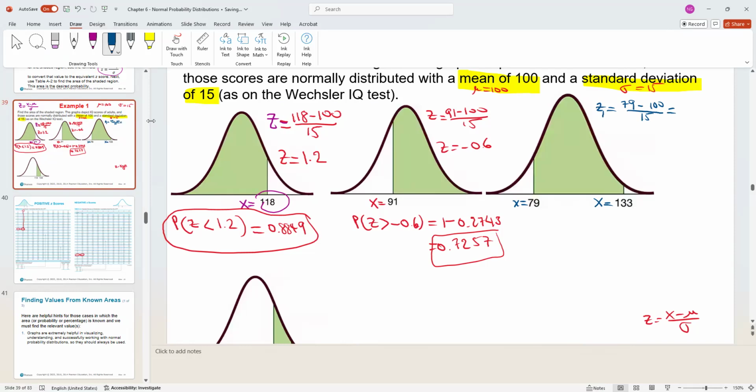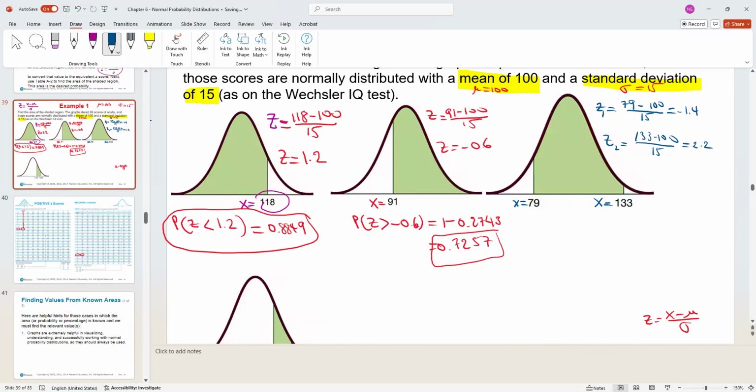We need to convert each of them separately. Now the second z: 133 minus 100 over 15 gives 2.2.